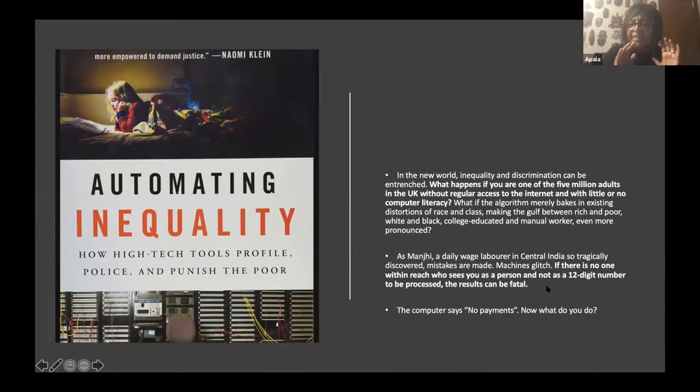There's this incident which really deeply disturbed me, and I first saw it in one of Virginia Eubanks's webinars, where she talks about a daily wage laborer in central India who, because the government, like all other governments, wanted to make things efficient and lower cost, switched all the benefit payments to an entire digital system created by big tech.